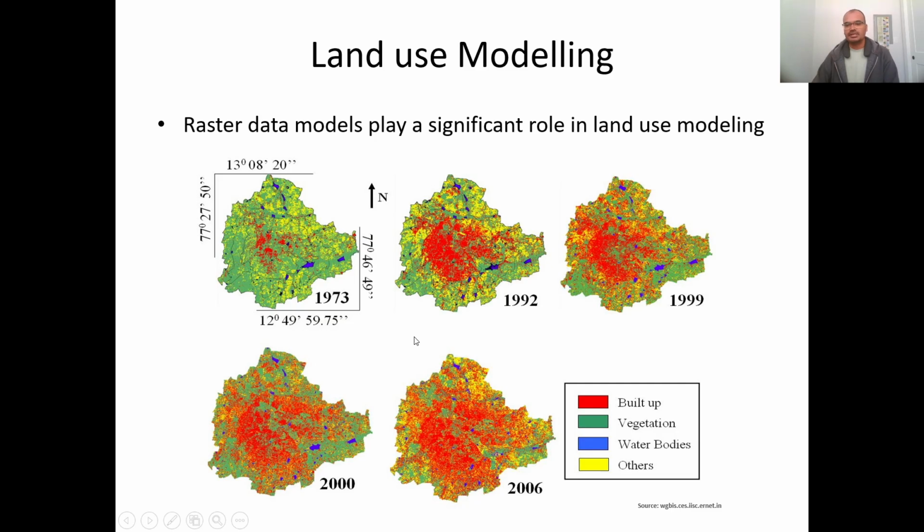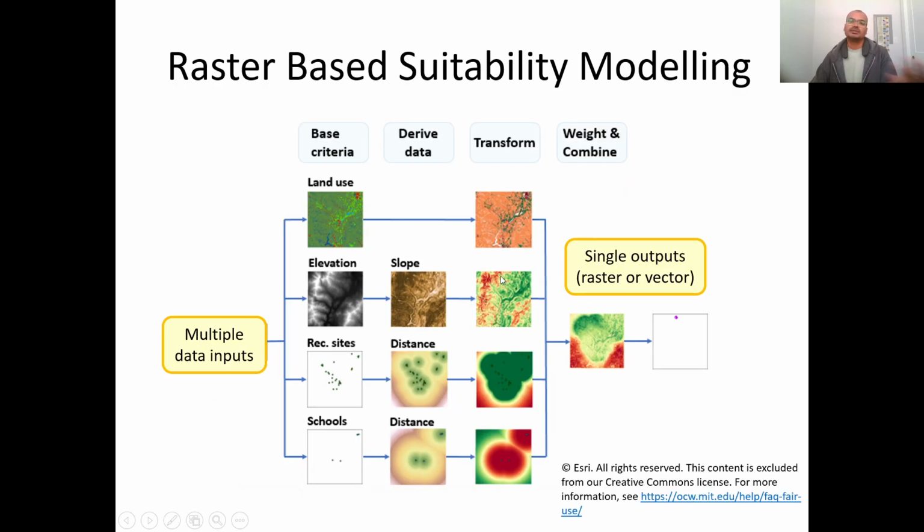And this information is very important for land use modeling, which plays a significant role in predicting the future as well. Not only modeling the past based on your raster data, you can even predict the scenario of the future with the help of the relationship between two or more different time periods, using some assumptions and some controlling factors.